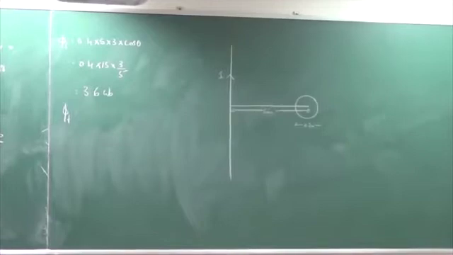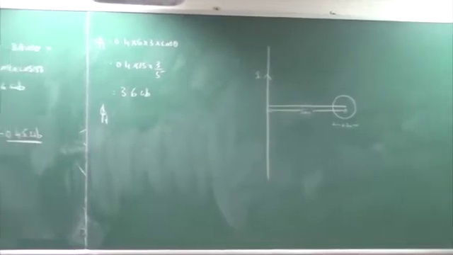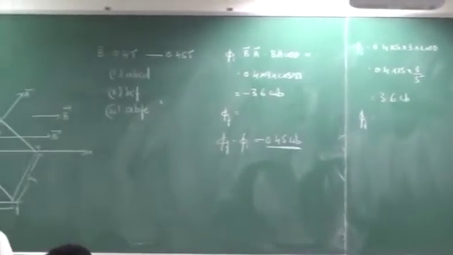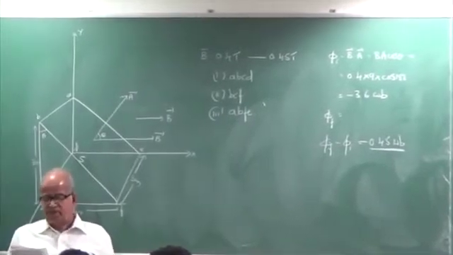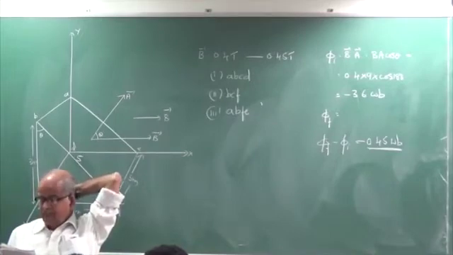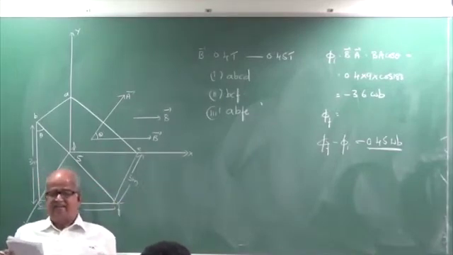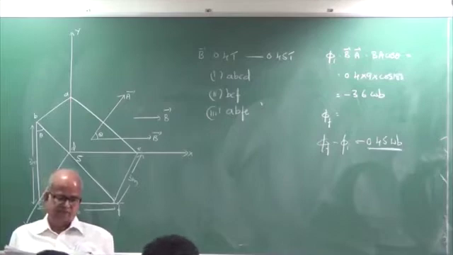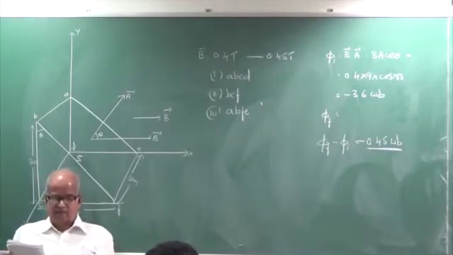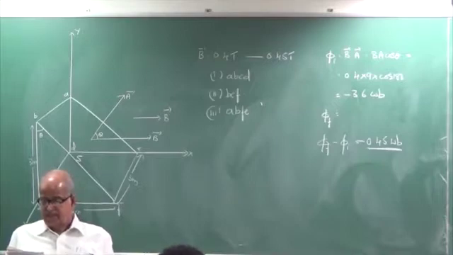A small circular coil of diameter 0.2 meter is located with its center at a distance of 5 meters from the wire.